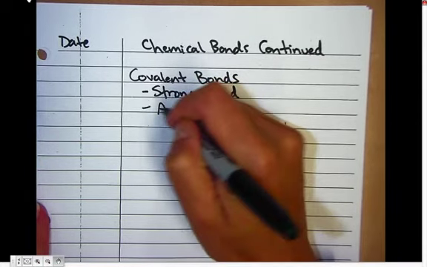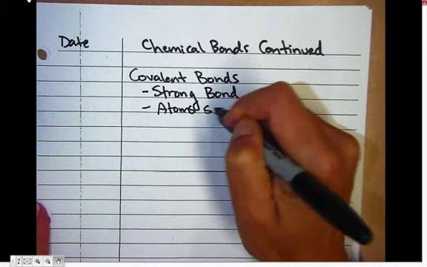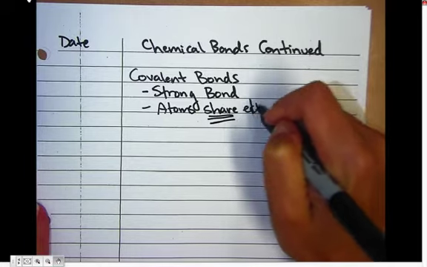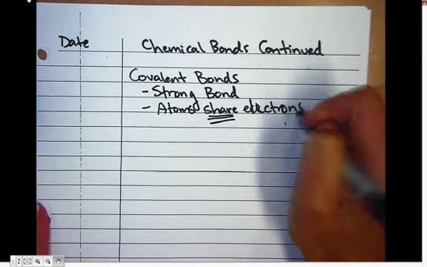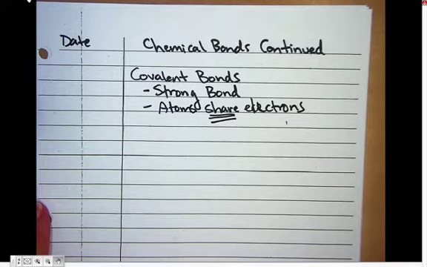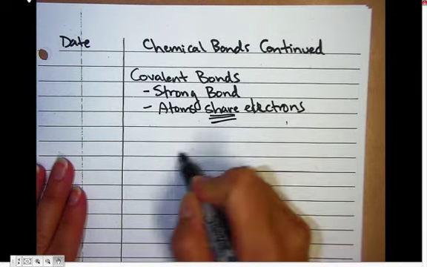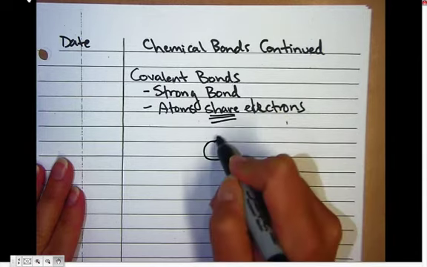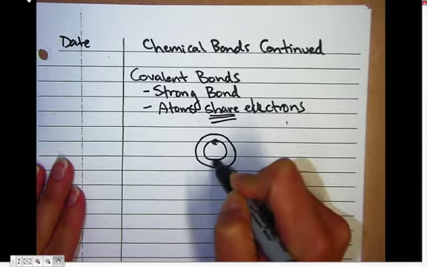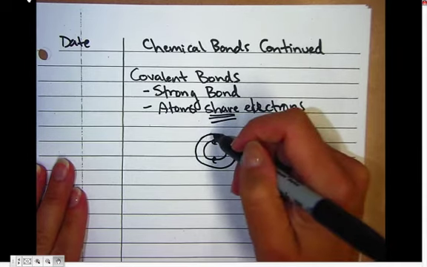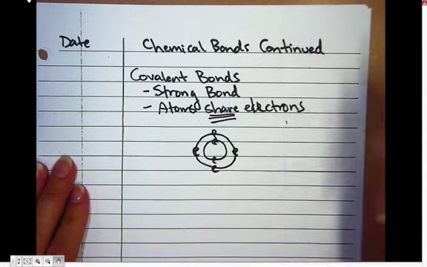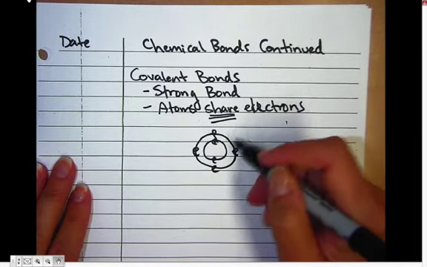And this is when atoms share electrons. They share electrons. Okay, so they don't donate them. So what we see is something like this, where we might have a carbon, and the carbon has 4 electrons, and so it wants to have more than that.